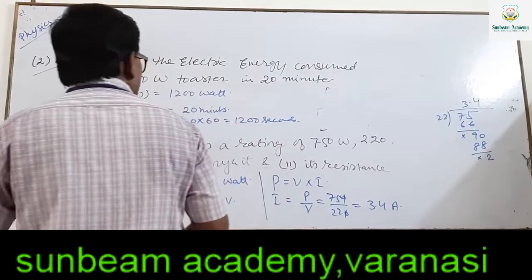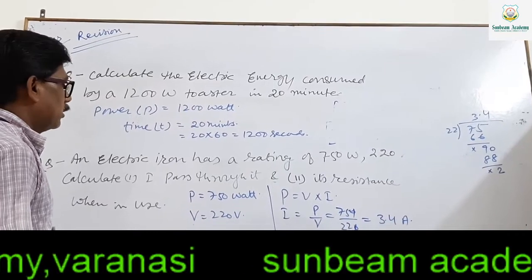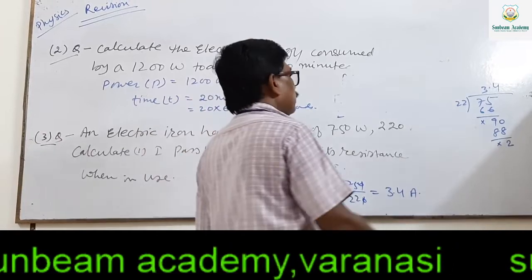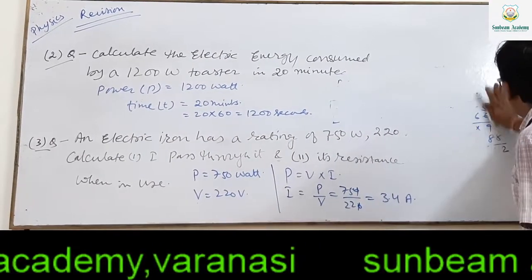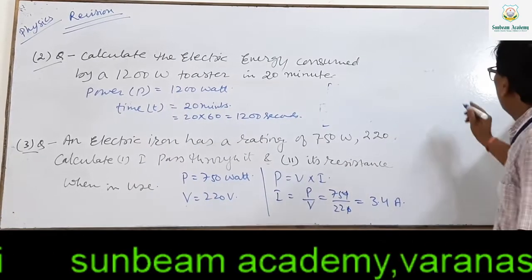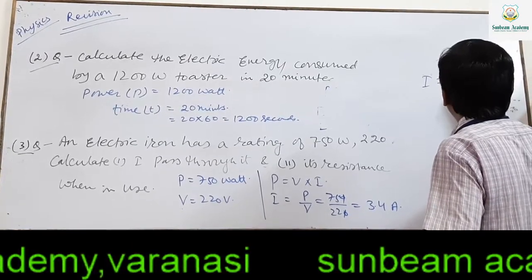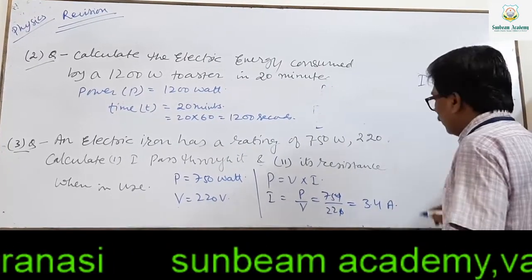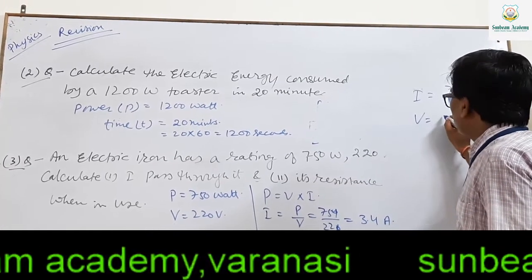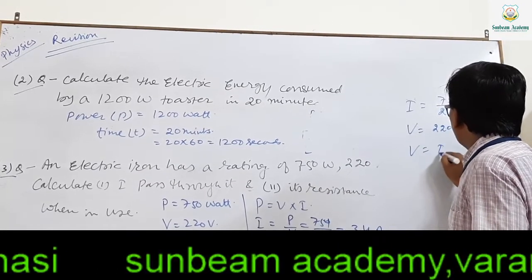Now second part is to calculate the resistance when it is in use. So to calculate the resistance, here you have already found I, 75 by 22 ampere. And V is given how much? 220 volt. By Ohm's law V is equal to IR.